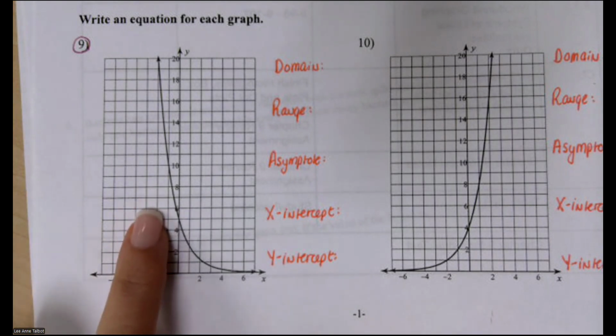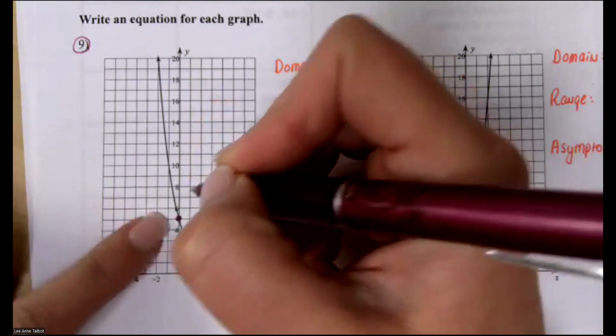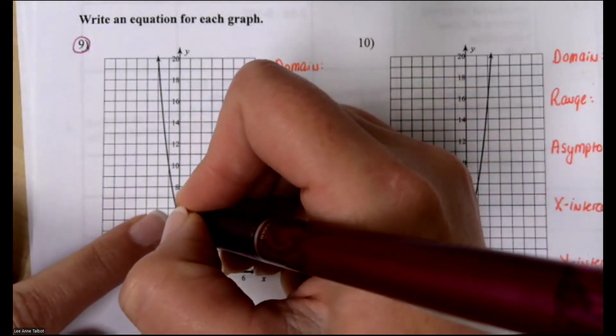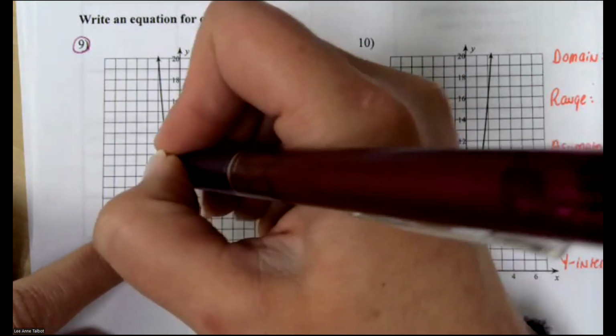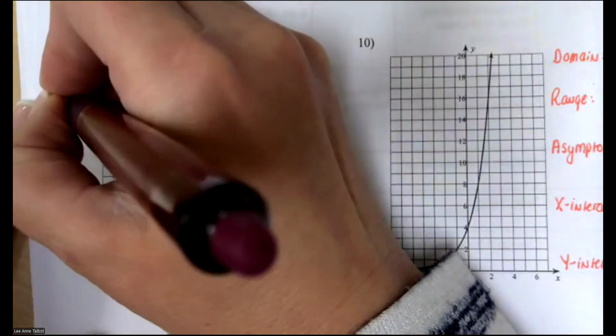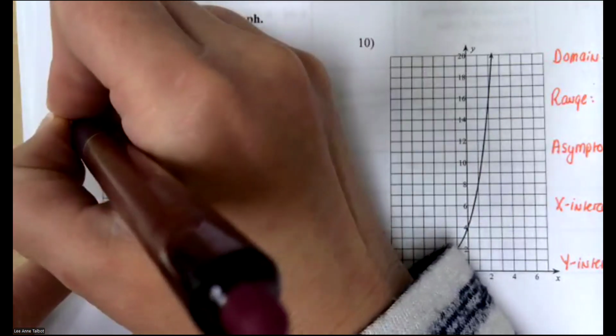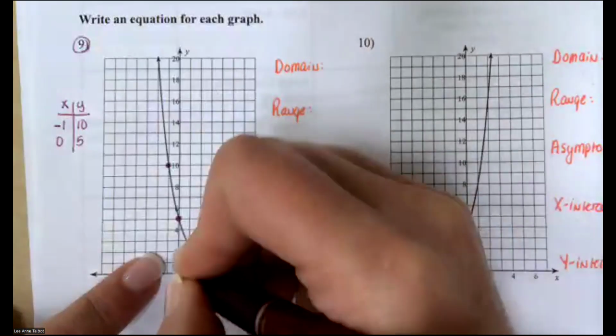First thing I'm going to do is find the equation, and by doing that, I'm going to find a couple points on this. So here's a point. Here's a point. Just going to put a couple dots on there. This point is -1, 10. And this point is 0, 5.